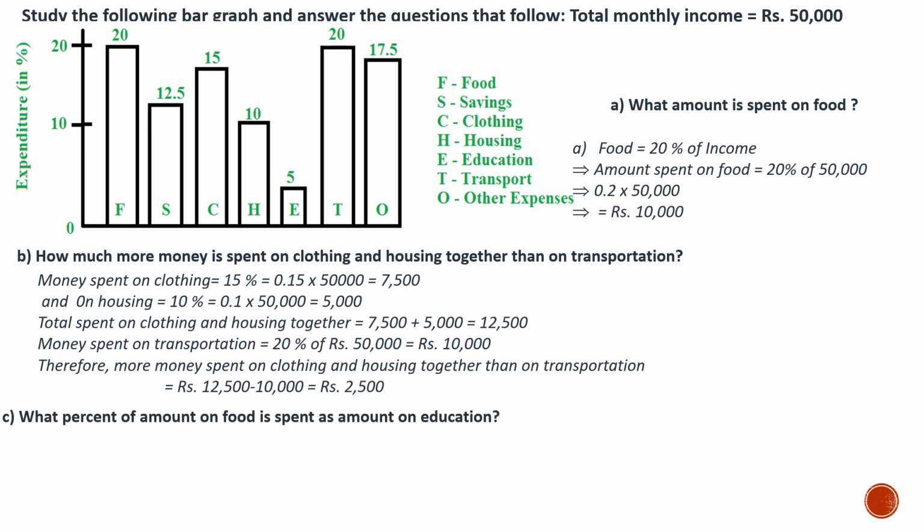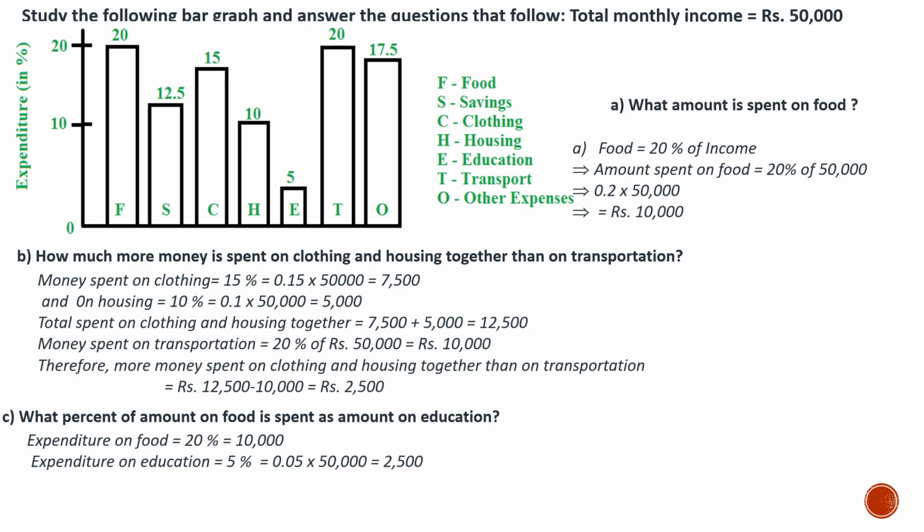What percent of amount on food is spent as amount on education? Here we have to compare how much is spent on education with the amount spent on food. Now we know that amount spent on food is 20%, so 10,000, and from the graph amount spent on education is 5%, so 5% of 50,000 will be 2,500.